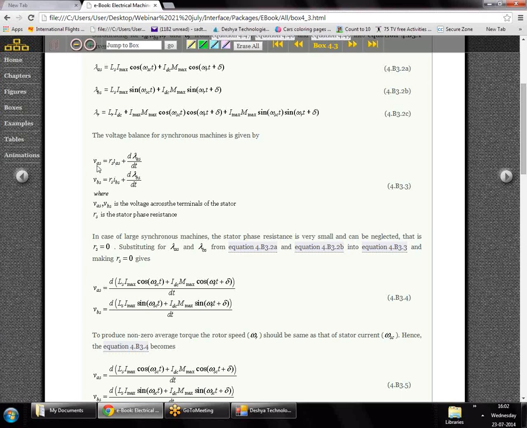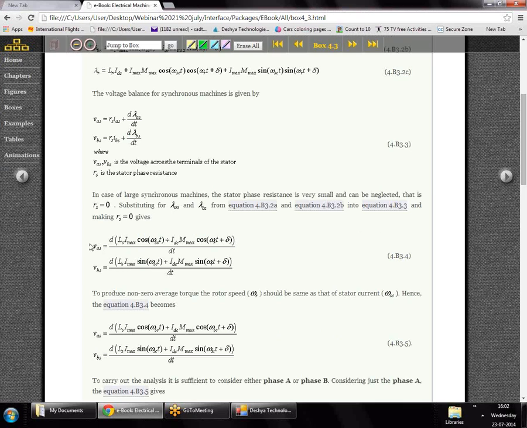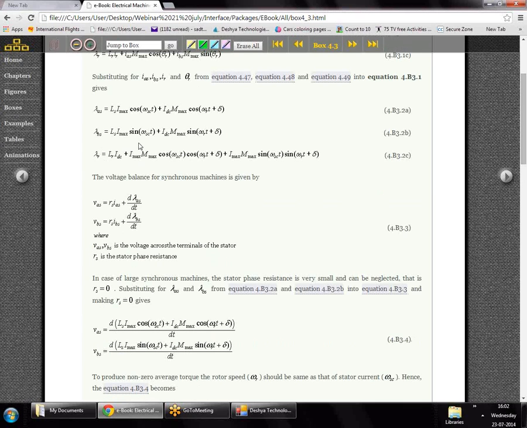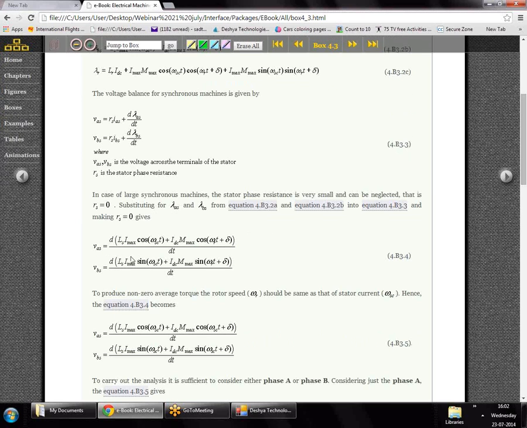Then my stator applied voltage of phase A is equal to the rate of change of flux linked by phase A, and similarly my applied voltage to phase B, VBS, is equal to the rate of change of flux linked by phase B. And if I substitute the values of lambda AS and lambda BS from B3.2A and B3.2B, then I get my voltage equations for phase A and phase B.